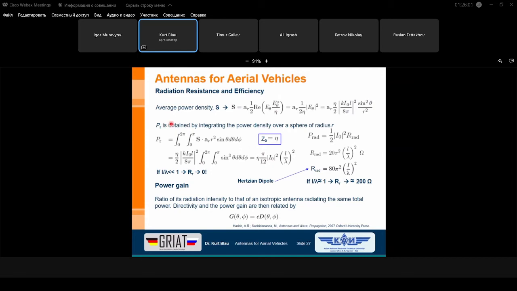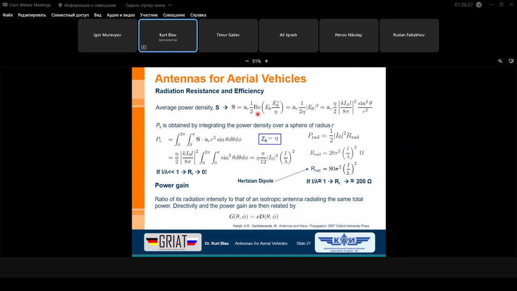We start from, for instance, an average power density as we know it already, and this is defined by, you remember, the S from the Poynting vector, directed power going into free space.